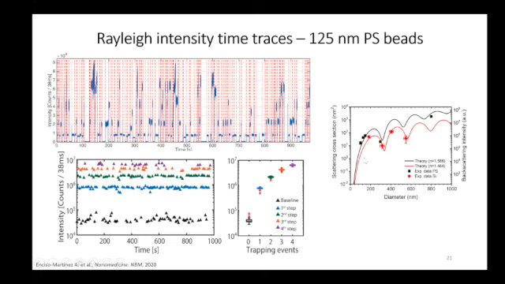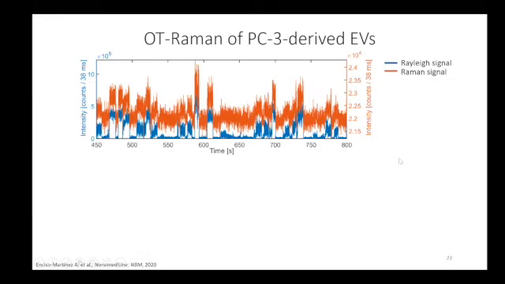The theory is the solid lines, the black and red, for polystyrene and silica respectively. And then we also fitted the data that we have here, to show that we trap particles of different sizes, and we can relate the backscattering intensity in arbitrary units to absolute units. And this will come in handy for the vesicle data.